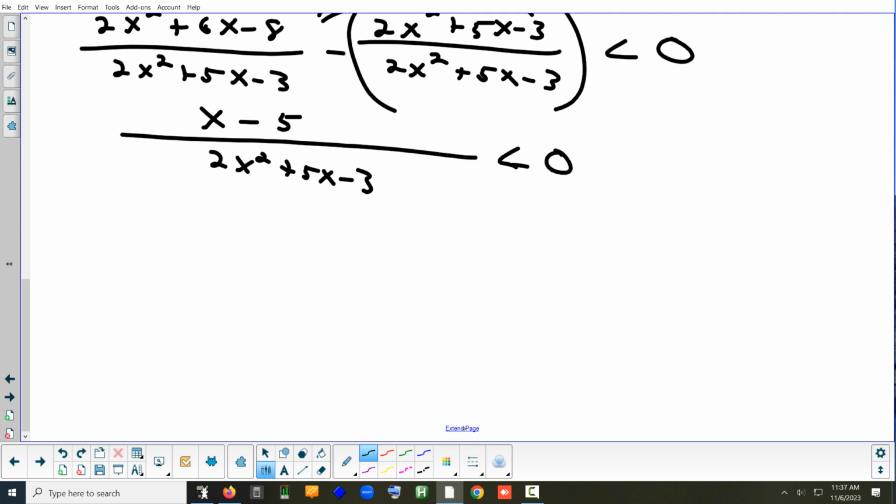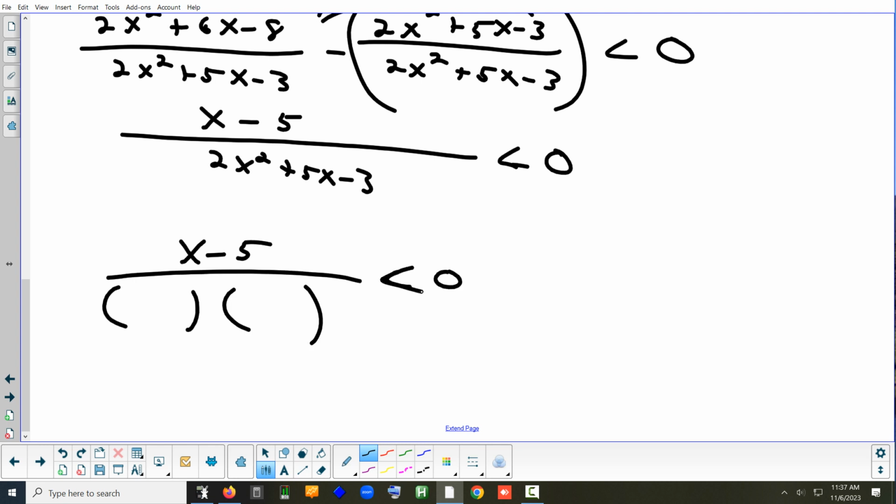Okay, now we need to be able to factor the bottom. Top is as factored as it's going to get. It's already linear. How does the bottom factor? It's 2x and x. They can't both be negatives because then you wouldn't get a negative. Plus minus.